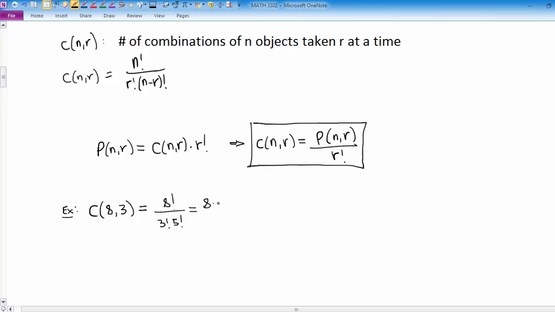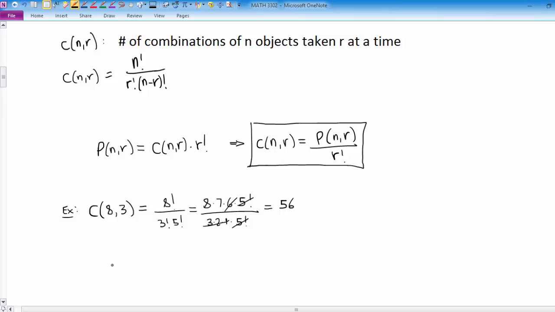So this is 8 times 7 times 6 times 5 factorial, over 3 factorial, which is 3 times 2 times 1, and 5 factorial. The 5 factorial will cancel. Here I can cancel 6 with the 3 times 2, and this will give me 56.